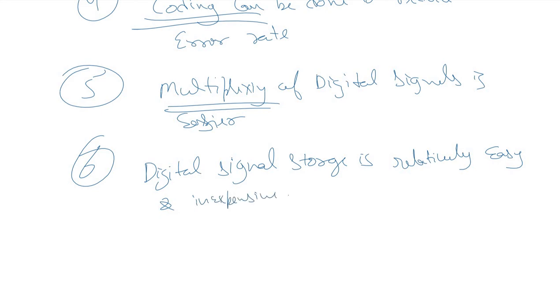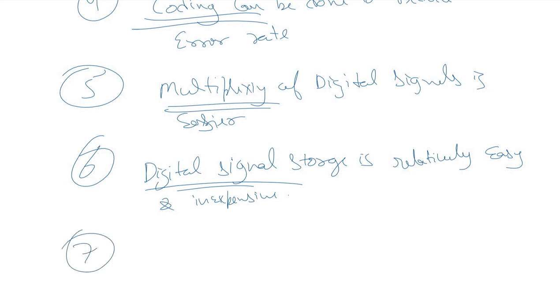Digital signals are nothing but sequences of bits, zeros and ones, which are quite easy to store. They can be stored very easily and inexpensively, while in analog communication this is not the scenario. The signal storage is not that easy. Moreover, in digital communication, we can access the digital data remotely through an electronic database. That is another advantage, right?